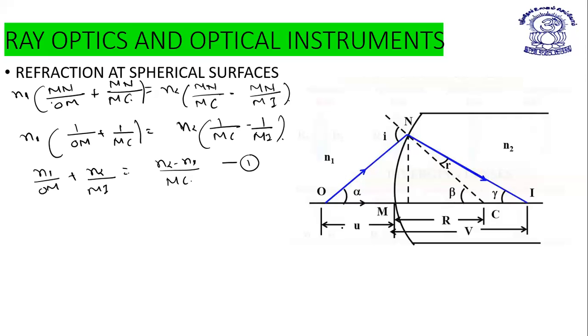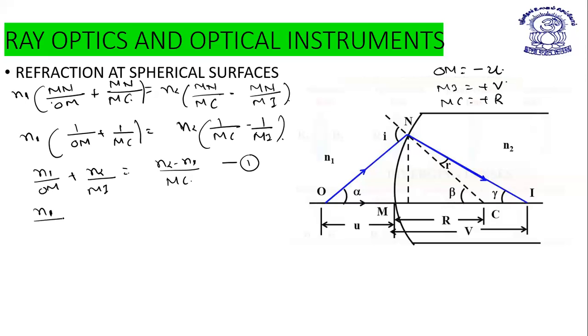Now, from this figure, we can see that OM is minus U, taking the sign convention, MI is plus V and MC is plus R. So put the values in equation 1.